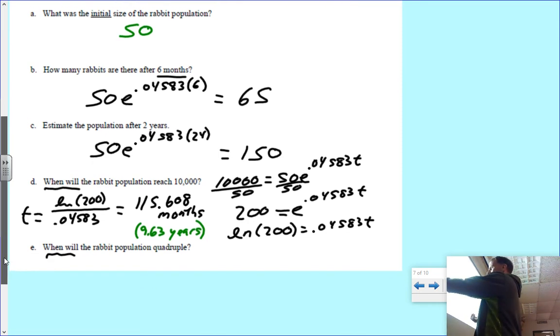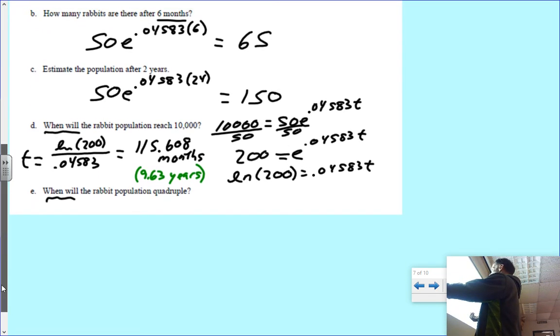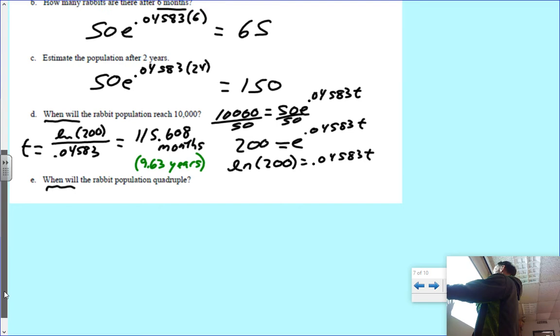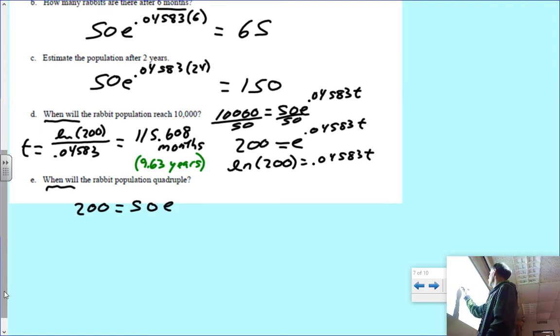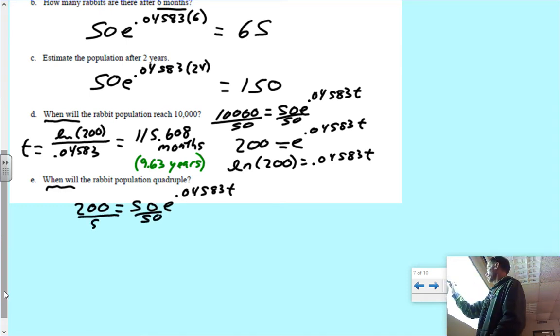Letter E works exactly the same way. If you wanted to quadruple, remember my initial population was 50. So 100 is double, 150 is 3 times, quadruple is 4 times, so that means 200 equal to 50 e to the 0.04583 t. And again, isolate, so divide by 50. Already know that's going to be 4.